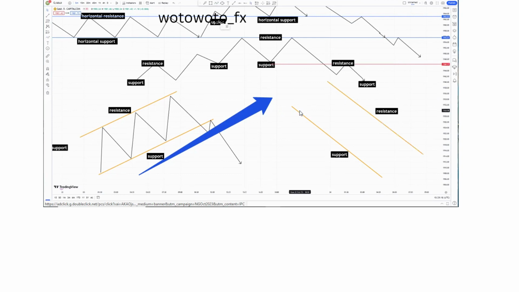See, when price comes to this support level, you see that price taps on the resistance level. Before you know it, price comes down to the support level.